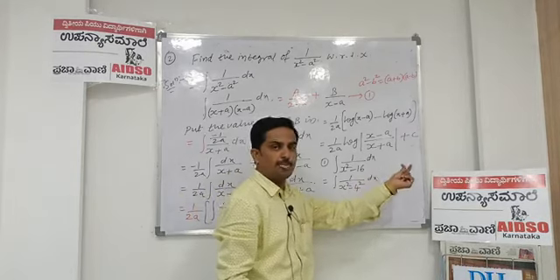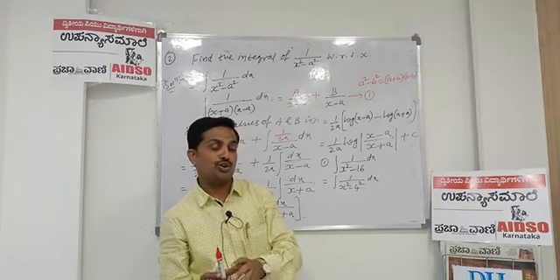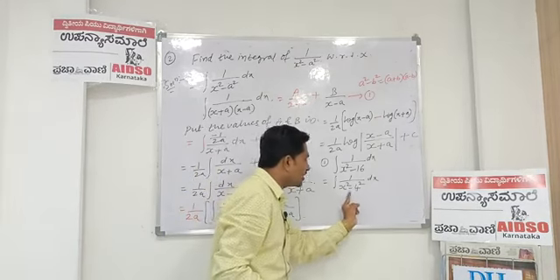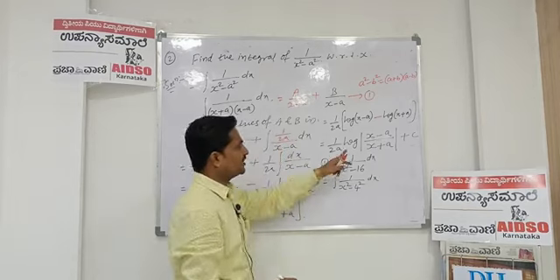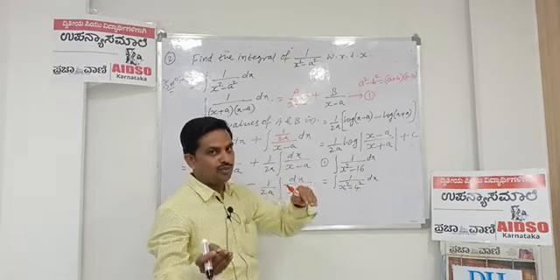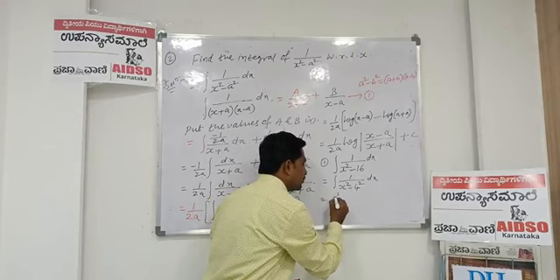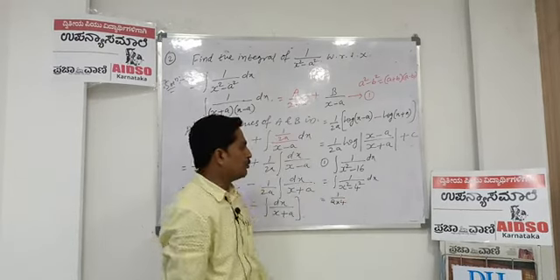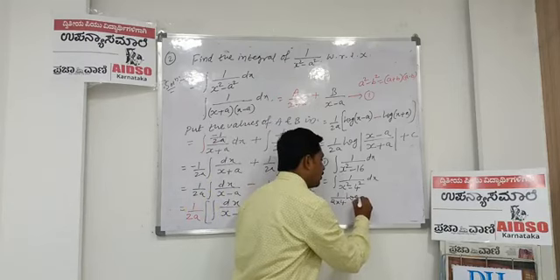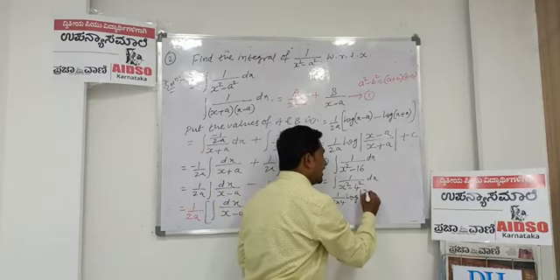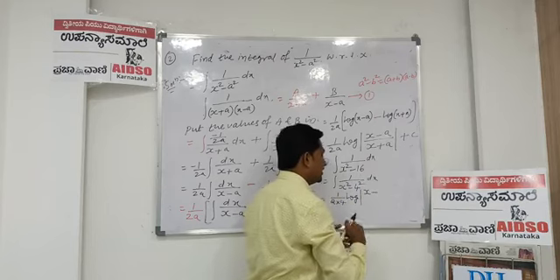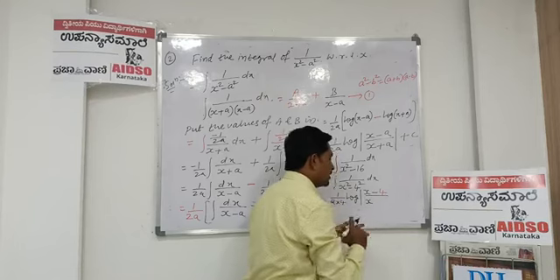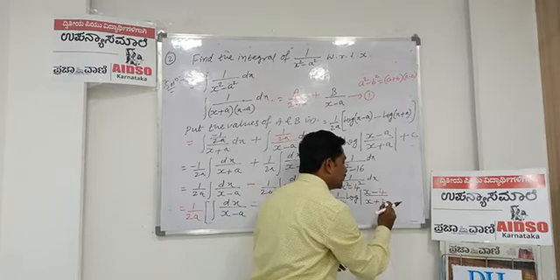Now it is in the form of a square minus b square, but we need not expand in that form, because we know the integral of the form 1 upon x square minus a square is a formula we have already derived, and you need to remember that formula: 1 divided by 2 into a, where the a value is 4, and log of mod x minus a, that is 4, divided by x plus a, that is 4.